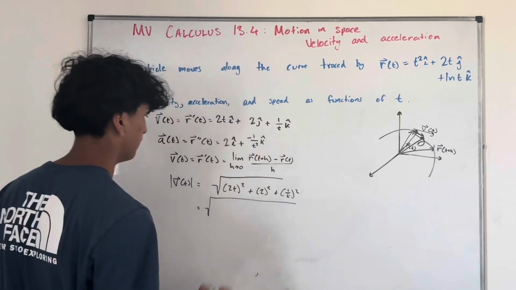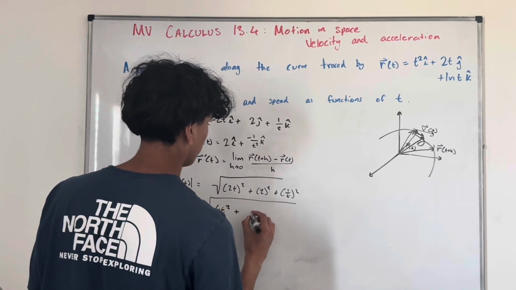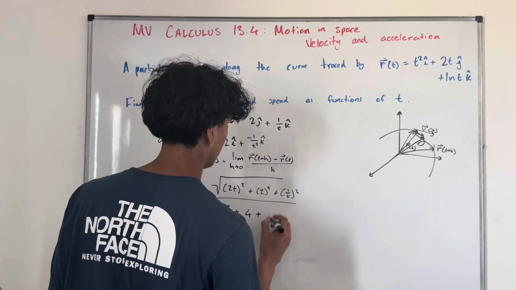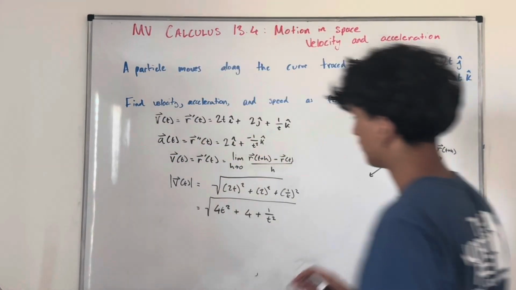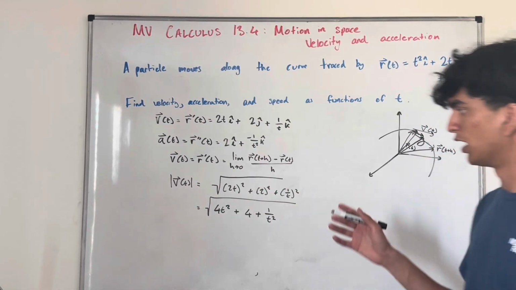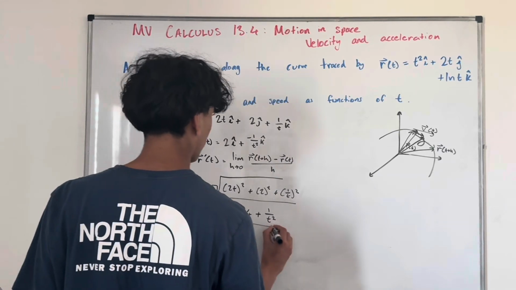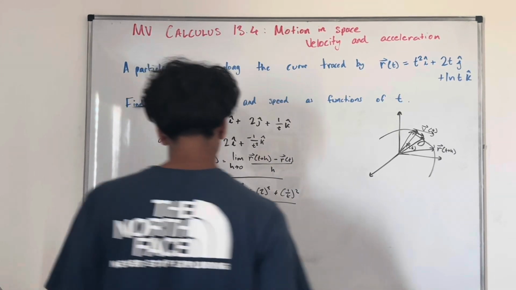And I have 4t squared, so when I square this out, 4t squared plus 4 plus 1 over t squared, right? This could be its function itself. You can actually clean this up. A little trick you can do here is factor out a 4 over t squared, which is like, what?